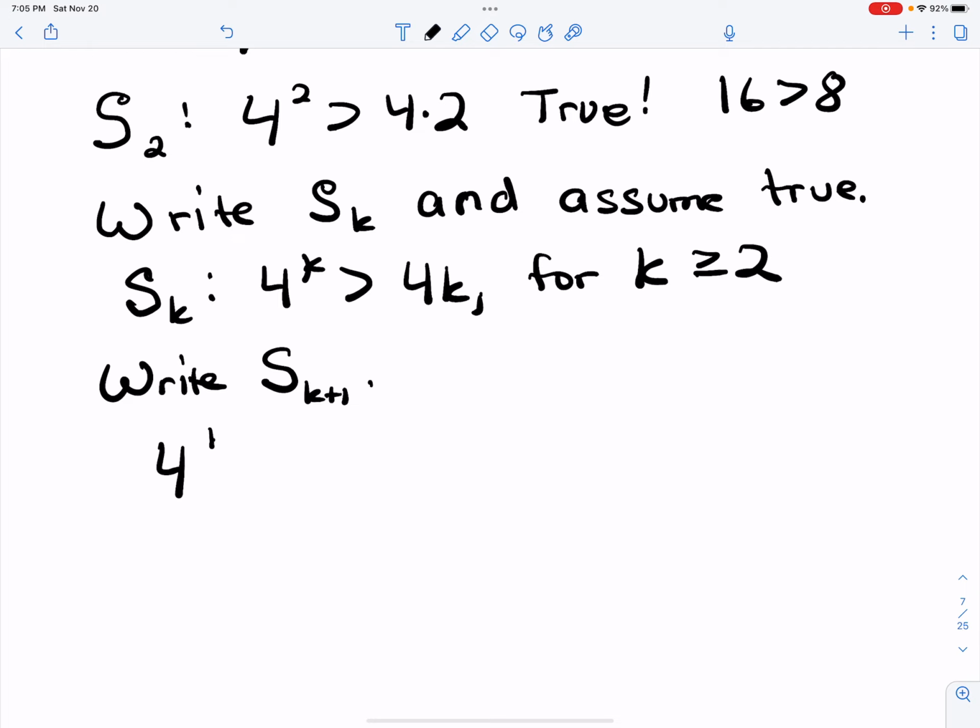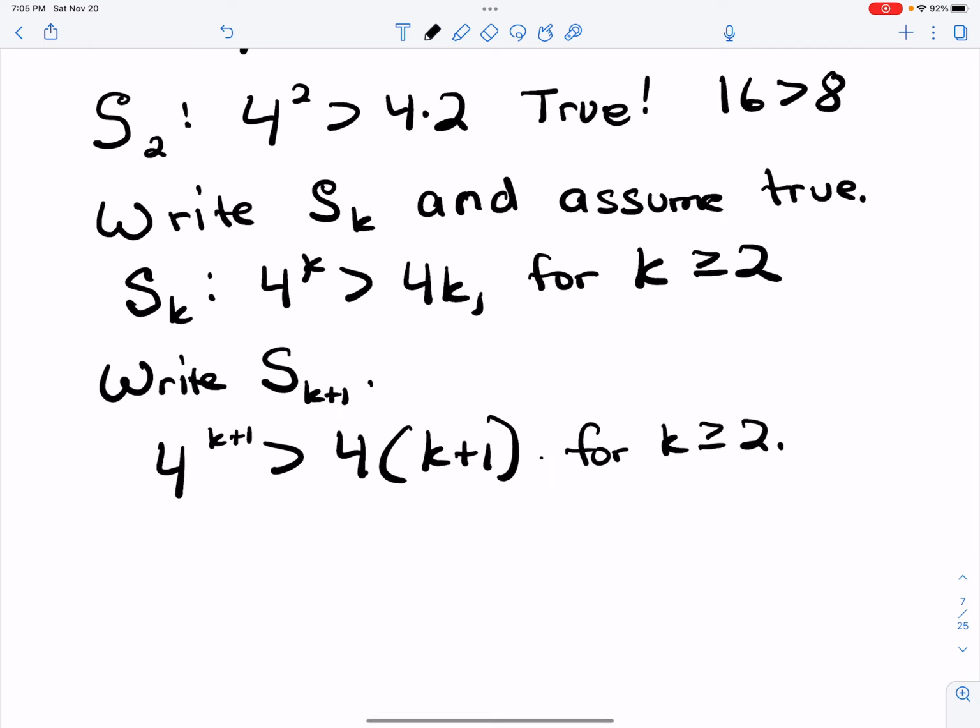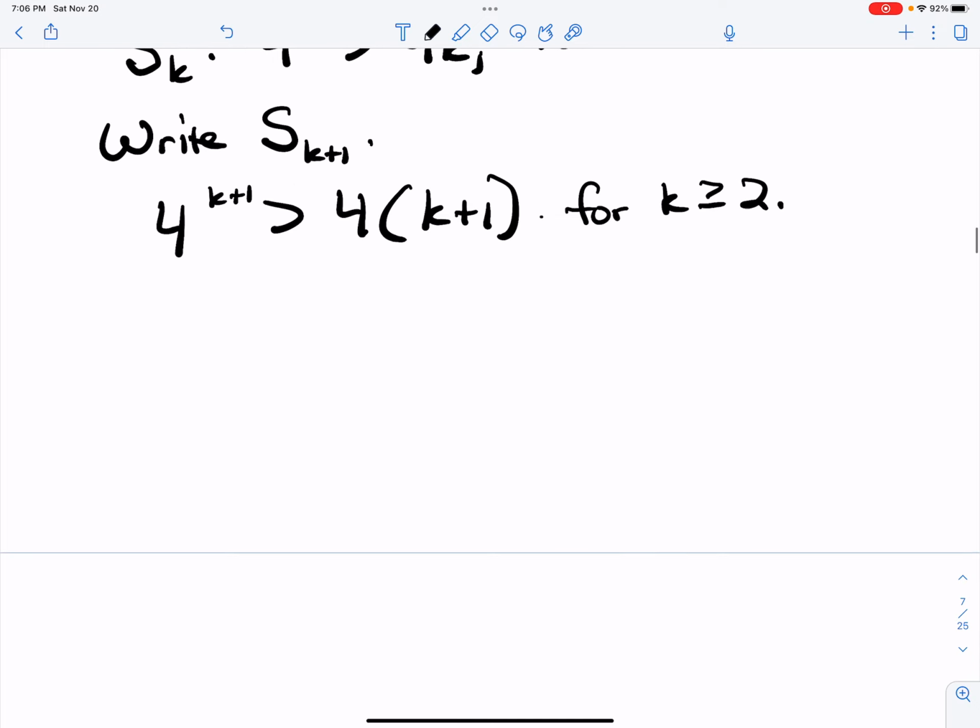So 4 to the k plus 1 is greater than 4 times k plus 1. And still you're dealing with k being greater than or equal to 2. So that's what it needs to look like.